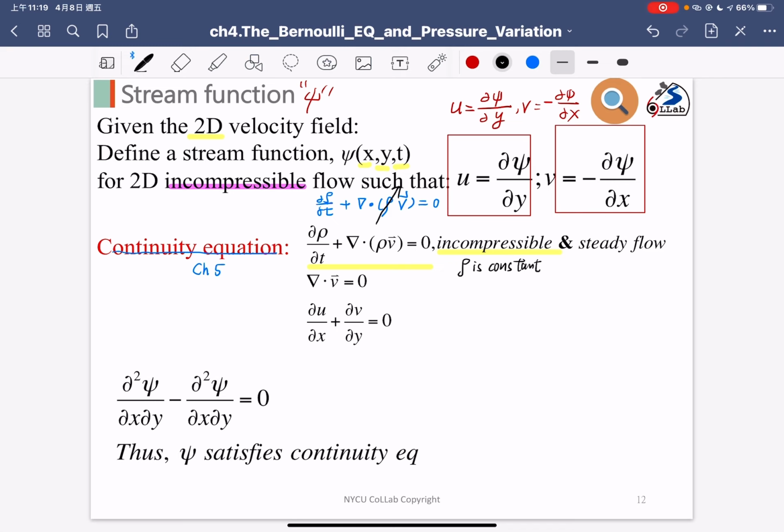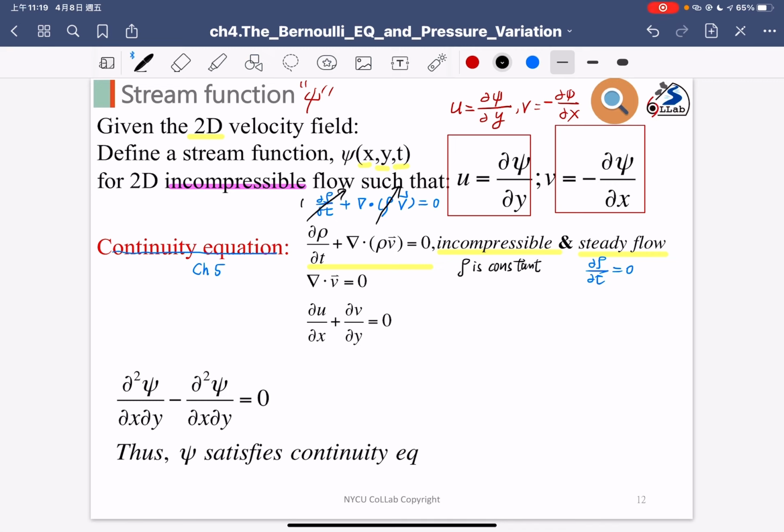The second assumption, I say the steady flow, that indicates d rho dt is equal to 0. The physical property doesn't change with time, so the differential for time is equal to 0. So I don't have this item.